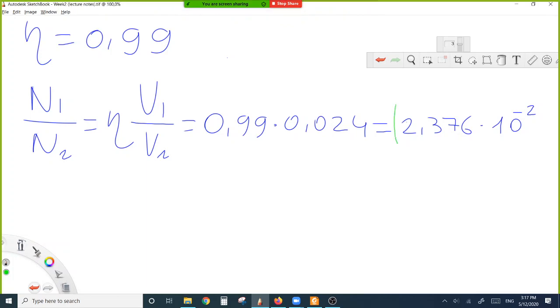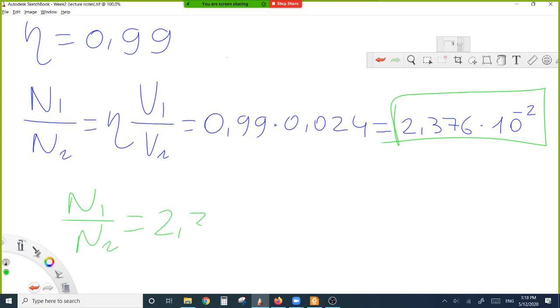Okay, this is our new turn ratio, N1 over N2, 2.376 times 10 to the power of -2. This expression is a very rough simplification.